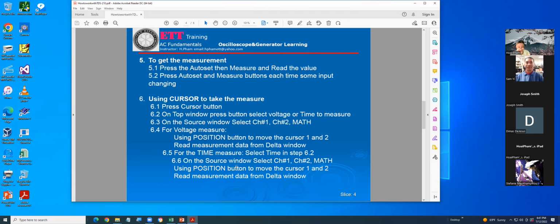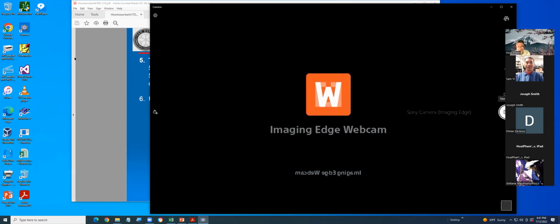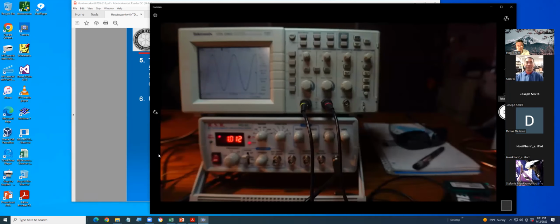And now I will show you the real scope, and show you what we can do. Okay, so now you can see this is the generator, and this is the oscilloscope right here.